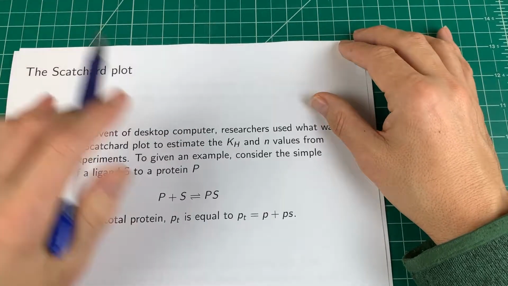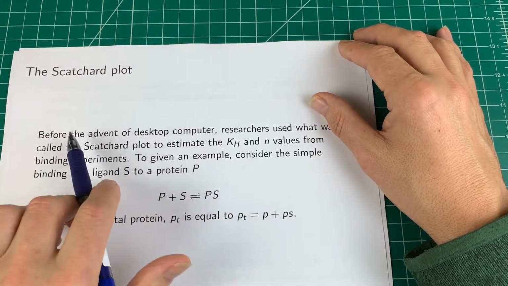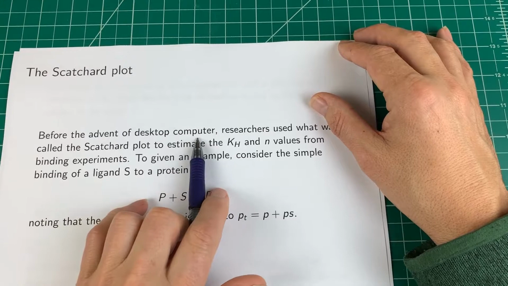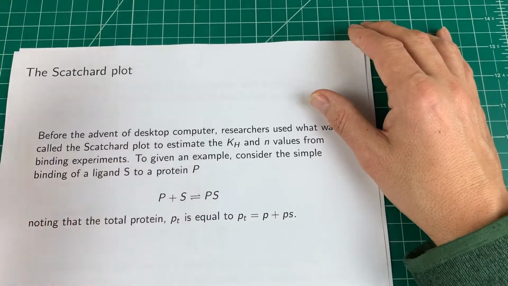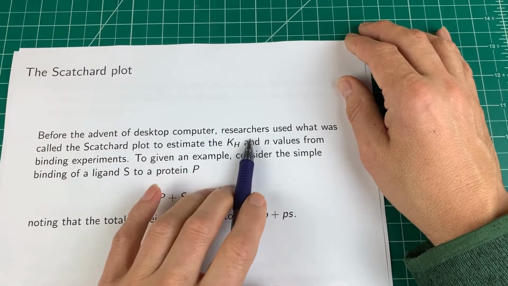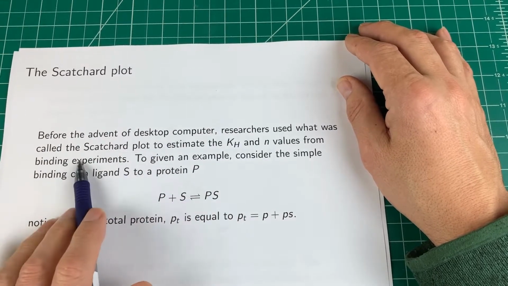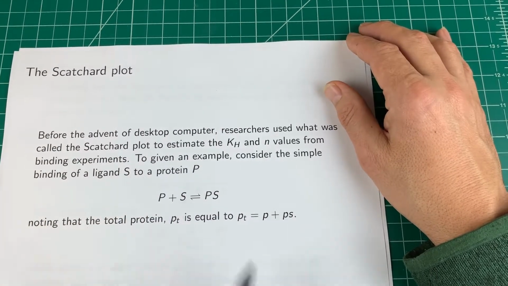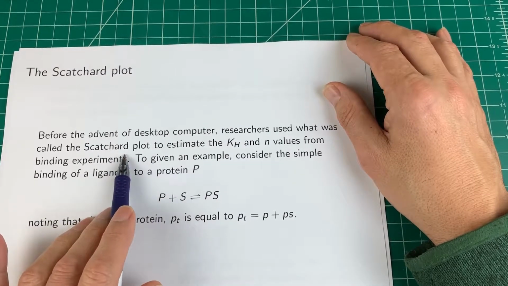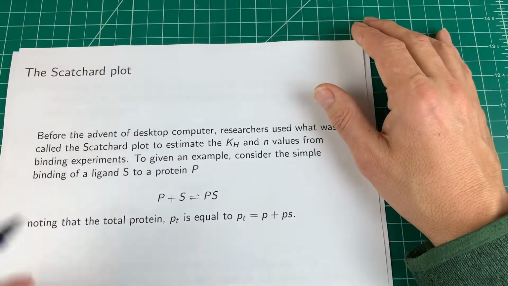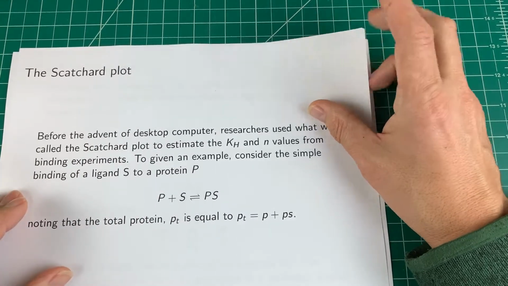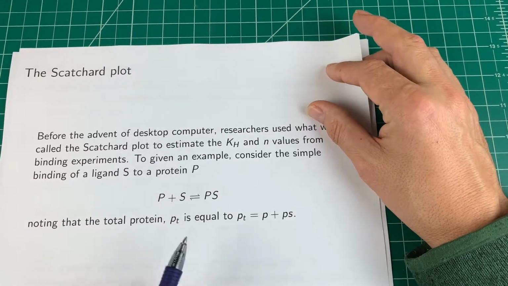This was invented quite some time ago, before the advent of the desktop computer, where you could plug things into Excel or MATLAB and get it to fit the curves. Researchers used a Scatchard plot instead. The advantage is that it transforms the data into a linear line, and it's easy to plot a linear line by hand and get an estimate for the parameters. So let me show you where this came from.